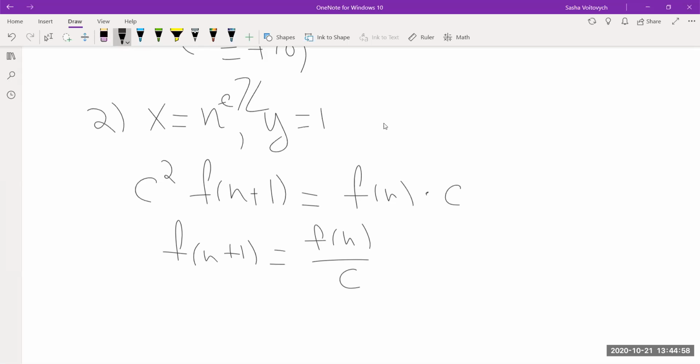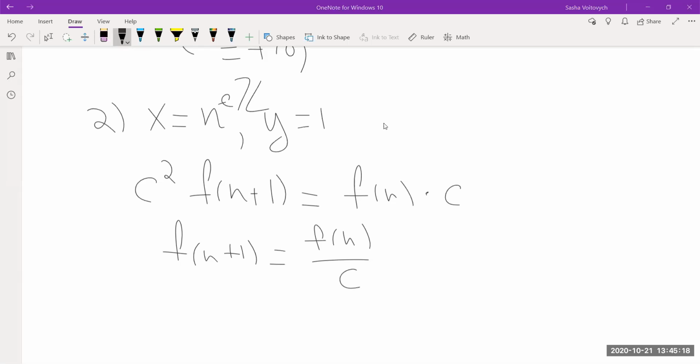So this is a recurrent relation, a pretty easy one. It's a recurrent relation corresponding to a geometric sequence. So we know every time n increases by 1, f(n) decreases by c times.